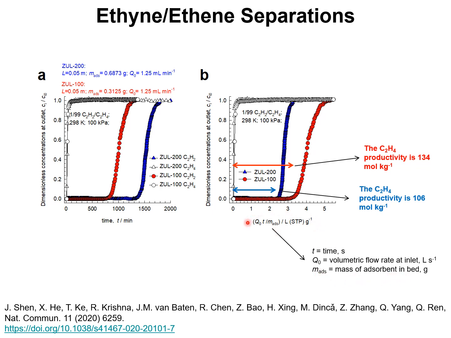So the units used for the x-axis is liters at standard temperature and pressure conditions per gram.